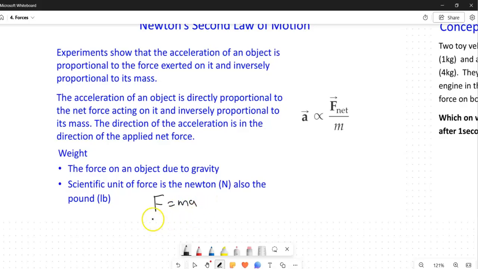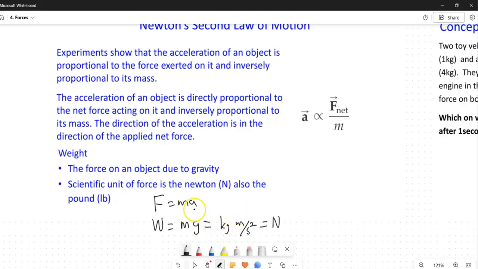If you want to calculate somebody's weight, that's going to be equal to their mass in kilograms times gravity. Mass in kilograms times meters per second squared is called a Newton. So remember, Newtons are kilograms meters per second squared. It's a mass times an acceleration.